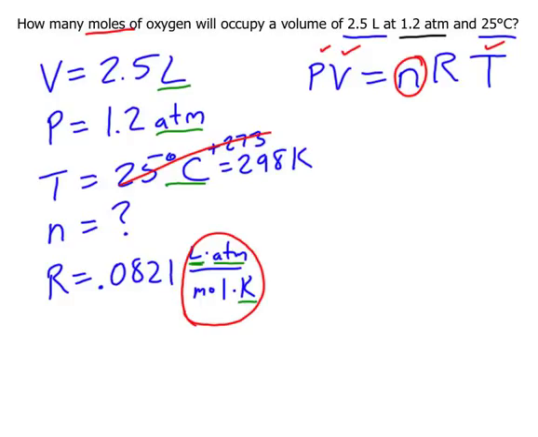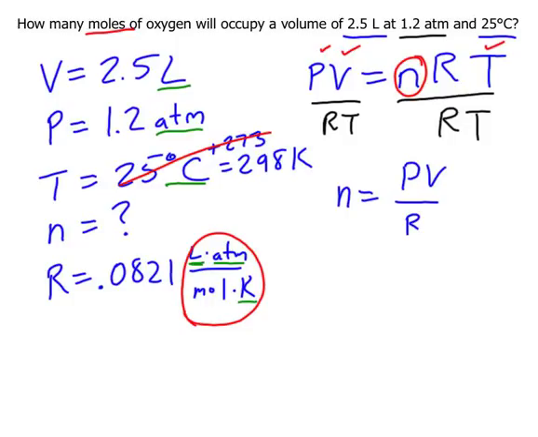So now I'm looking for N. So now it's just a matter of solving for N. So if I look at my equation, PV equals nRT. If I divide by RT on both sides, I get the equation N equals PV divided by RT. And now it's just a matter of plugging these numbers in.